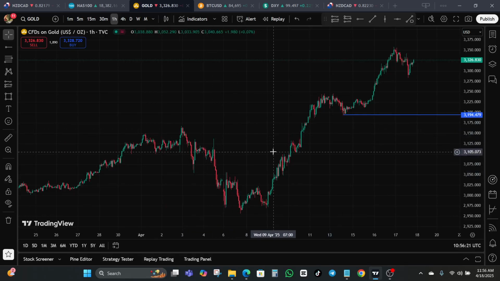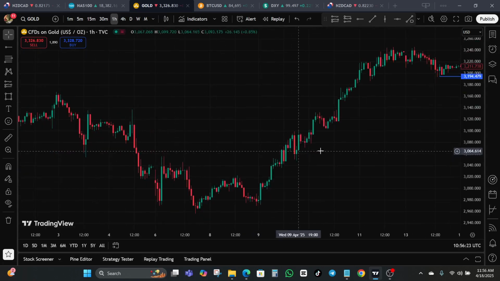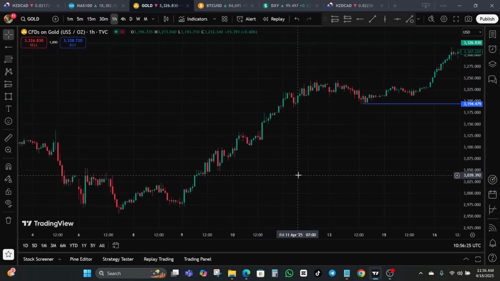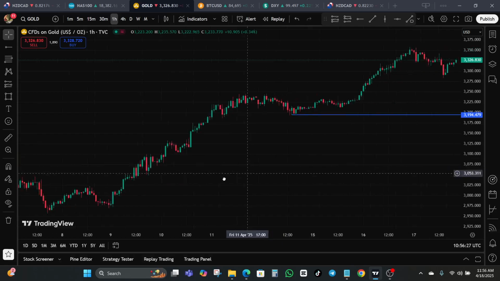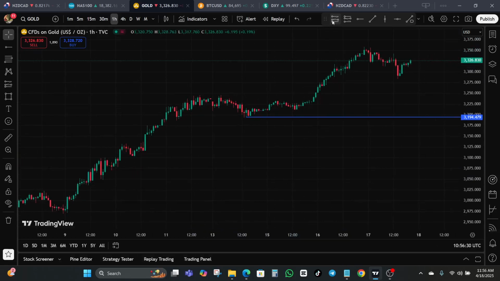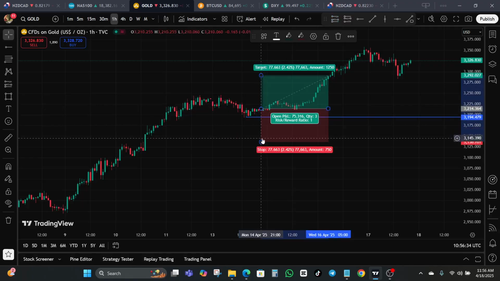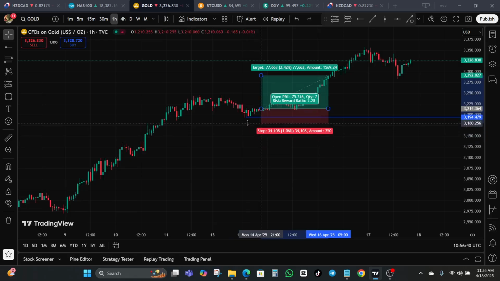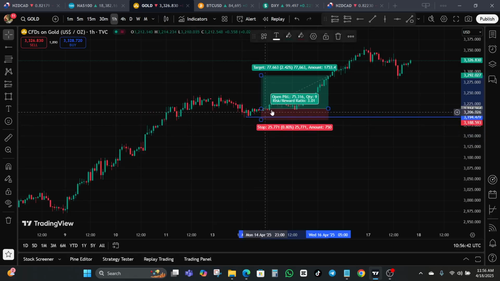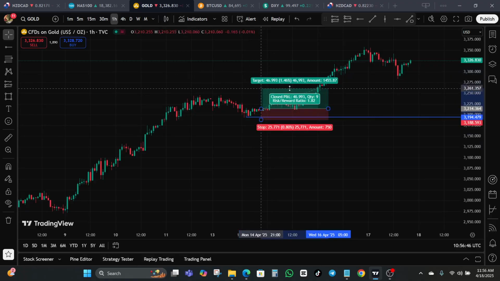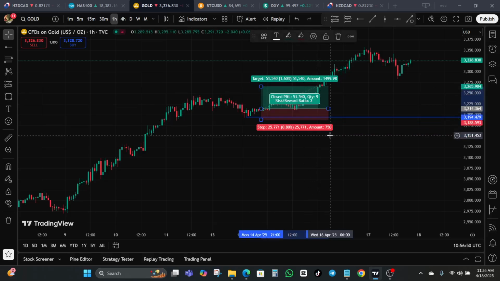You can also use a fixed risk to reward ratio, like maybe 1:1.5 or 1:2, but I recommend a minimum of 1:2. If you're having a tight stop loss like this, 1:2 should be very achievable. So maybe you're risking about something like this, and you can just target 1:2.